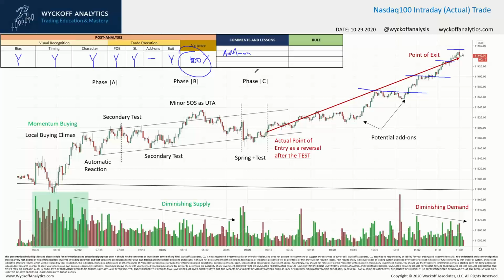Because when you are correct and you see how the trend is unfolding, why not add at this spot? But the intention was not to have add-ons. The intention was just to go through the trade and execute it correctly. But that's probably the only thing, Franz, that I would be thinking here. Agreed.